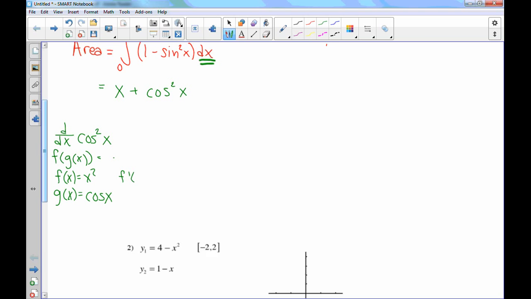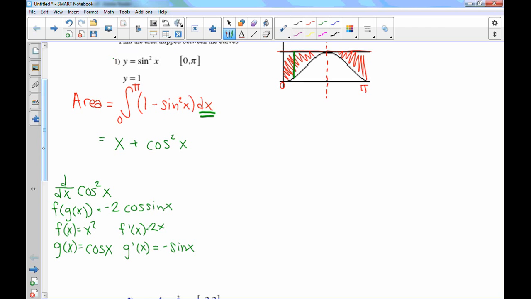So f prime is 2x and g prime is negative sine. So we get 2 cosine x times negative sine x. Is that what we have up above? Negative sine squared.